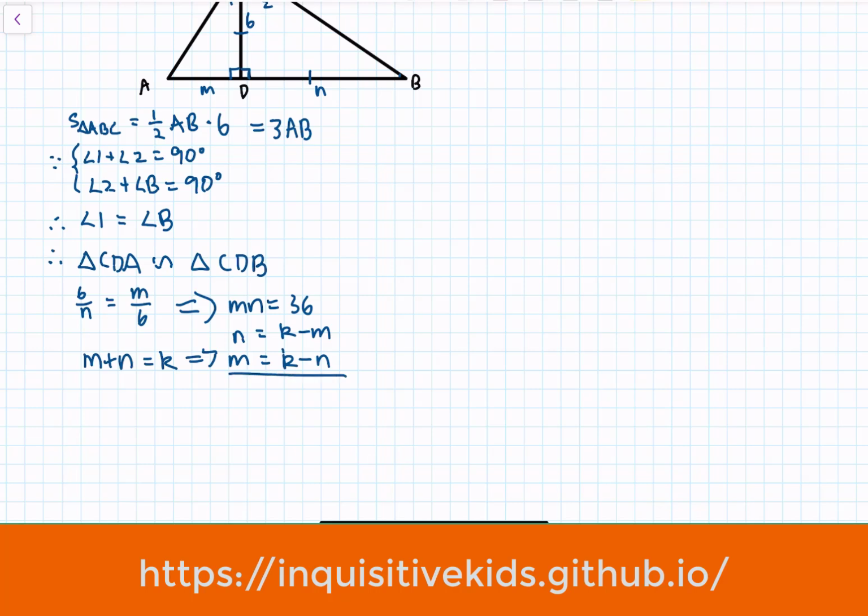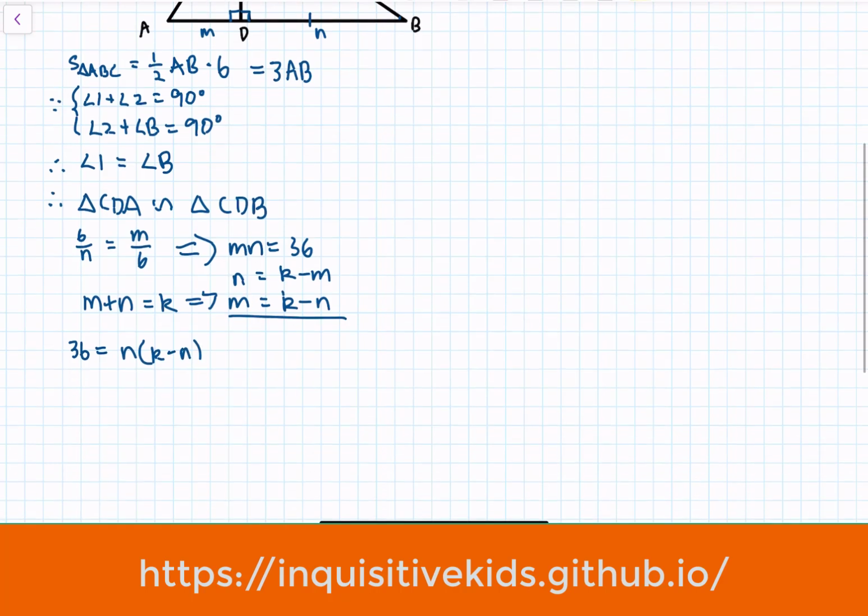So we have 36 is equal to n times, we're going to replace the m with k minus n. This is the same thing as kn minus n squared. As you can see, we can move all the terms to one side to get n squared minus kn plus 36, which is equal to 0.